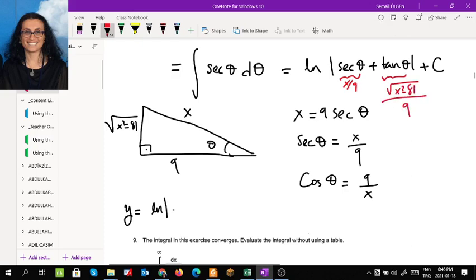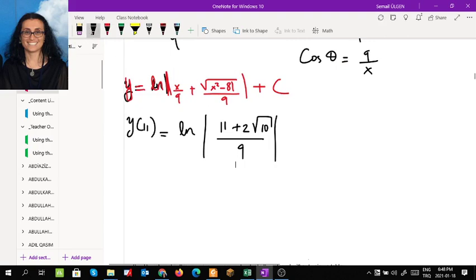So the answer is ln of x over 9 plus square root of x squared minus 81 over 9, close it, plus c. Okay, are we done? Not yet.